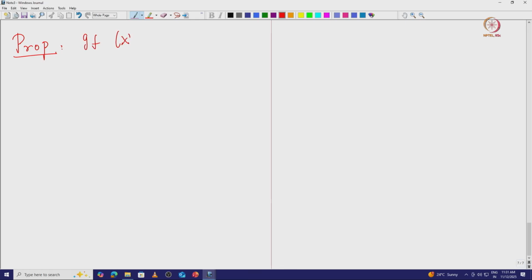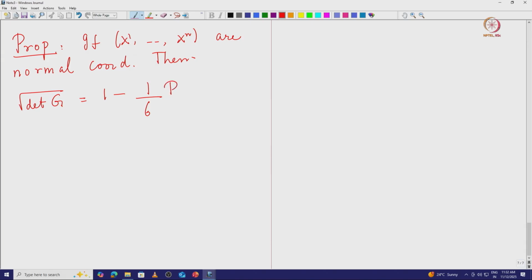If x1 up to xn are normal coordinates centered at p, then this factor that shows up in the volume element has a Taylor expansion which involves the Ricci curvature.